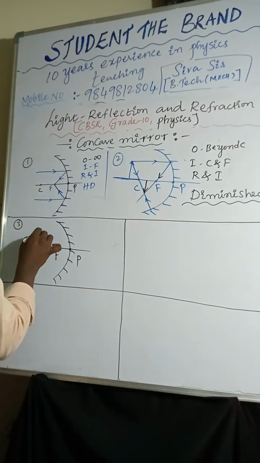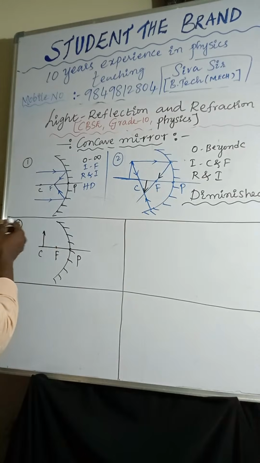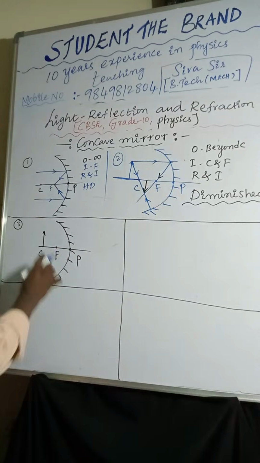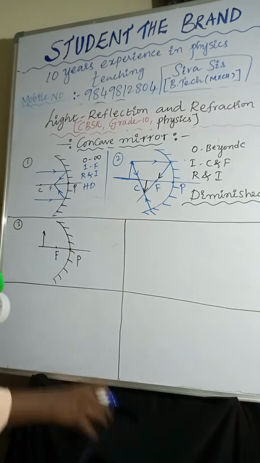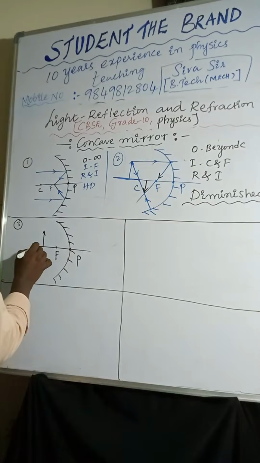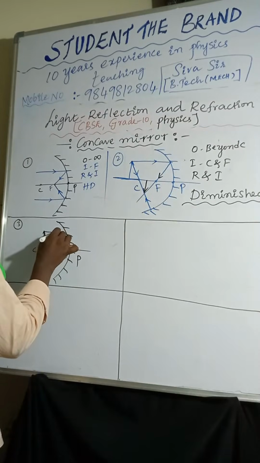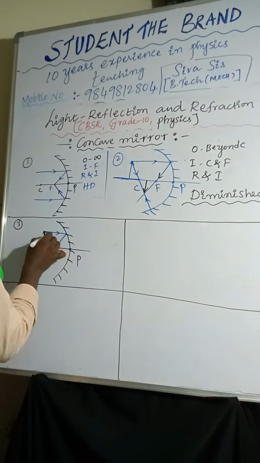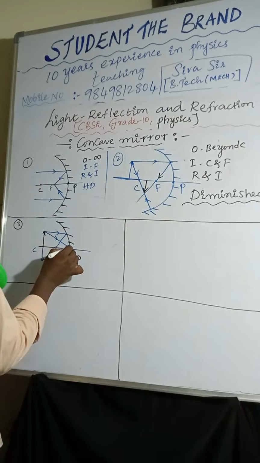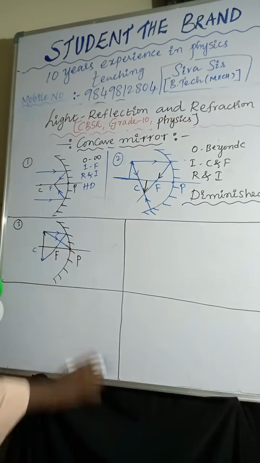Object is placed at C. Image also will form at C. One light ray I am taking like that at pole, so it will be reflected back.